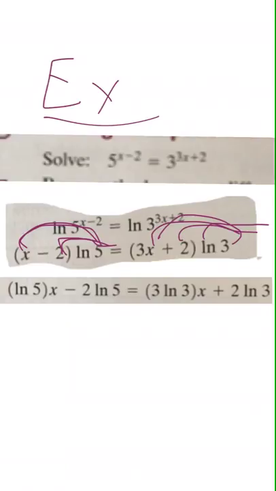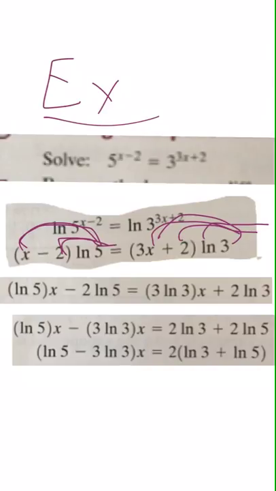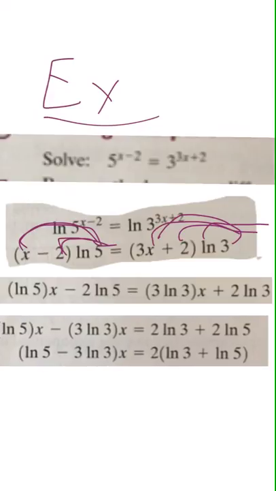Now we get the x terms on one side and the non-x terms on the other, and that would give us ln of 5 times x minus 3 ln of 3 times x is equal to 2 ln of 3 plus 2 ln of 5.